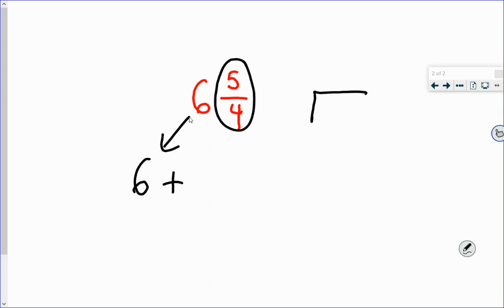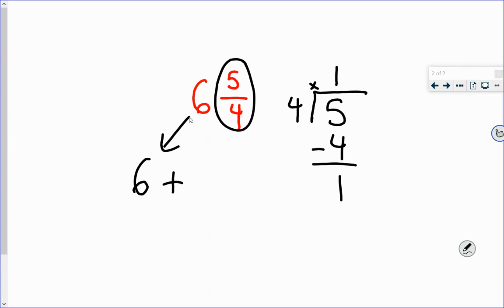Division. Remember, the bottom number goes outside. Top number 5 goes inside. How many 4s make up 5? Well, just 1. 1 times 4 is 4. Subtract, 1 left over. So everything we have is here.